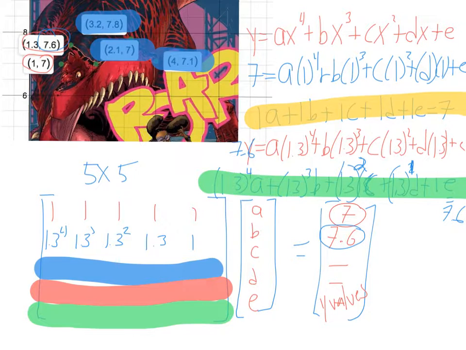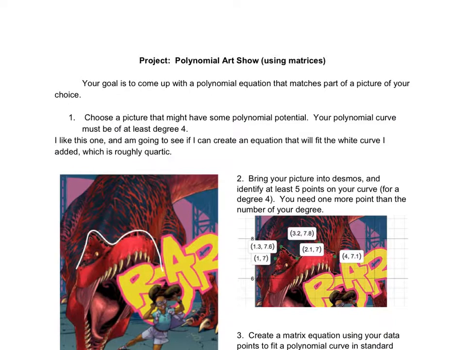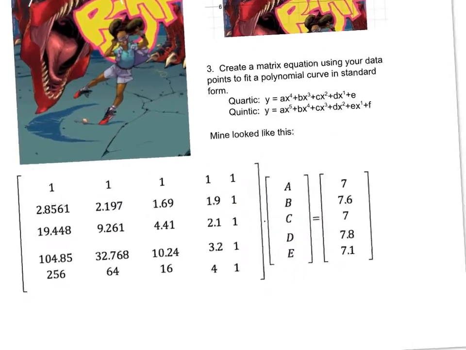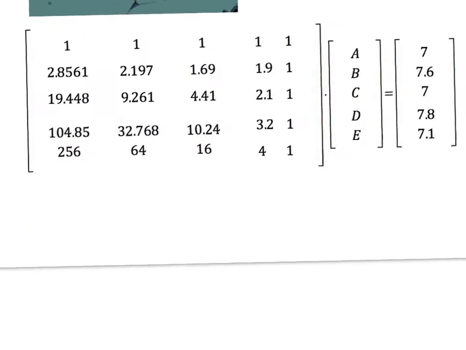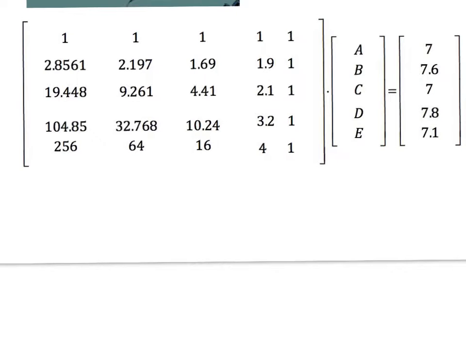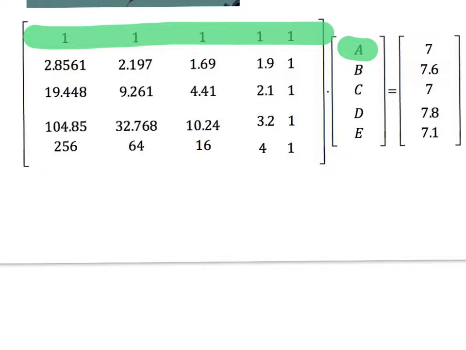When you put these things together and multiply out those 1.3 to the fourth, to the third, squared, and so on, you end up getting something that looks like this. So if we go down to our matrix, we can now see where these numbers came from. My first row, 5 ones, goes with A and the 7.